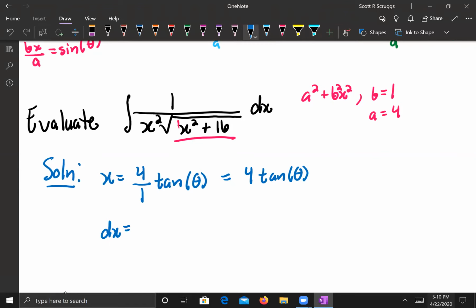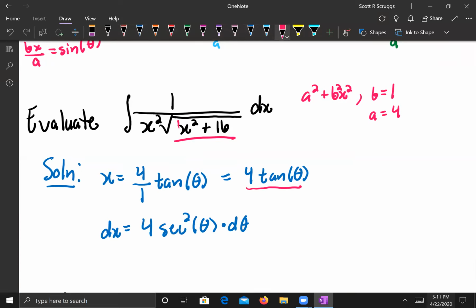Now, just like with u sub, I'm going to figure out what dx is. And that means I'm going to have to take the derivative of 4 times tangent of theta, which means I'm going to have 4, and the derivative of tangent is secant squared. And because my variable that I'm going to substitute in is theta, I have to do a d theta at the end too.